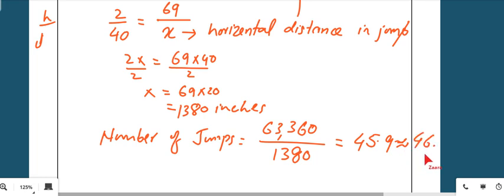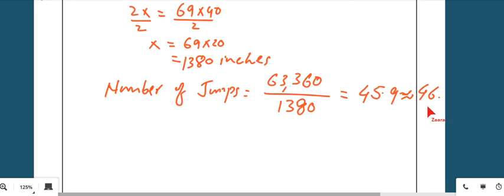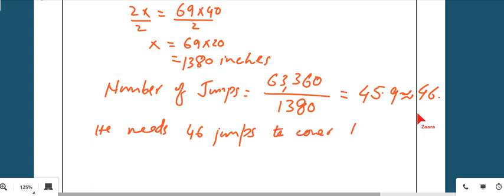So he needs 46 jumps to cover 1 mile. Okay, is it clear? All right.